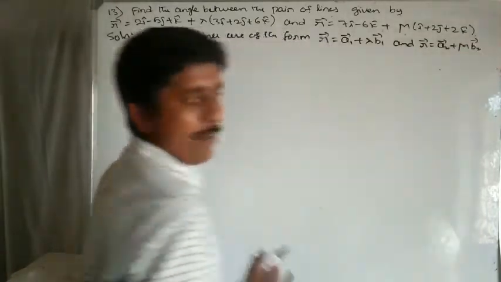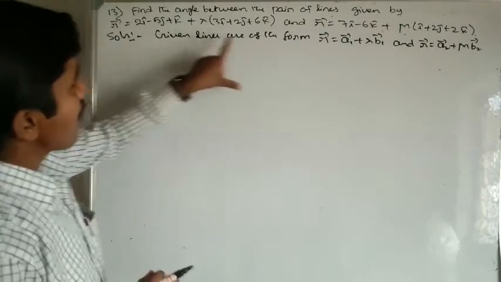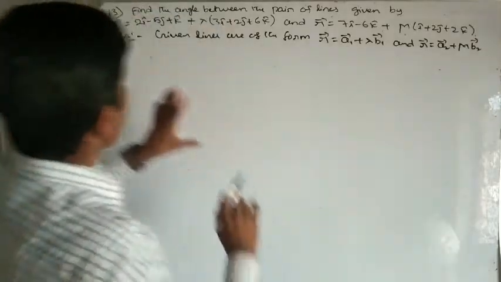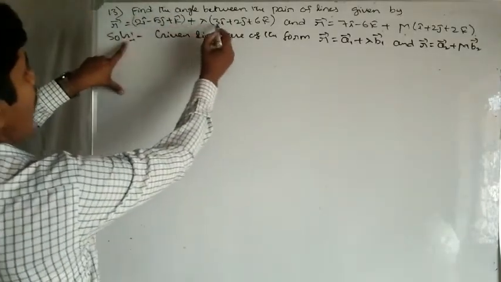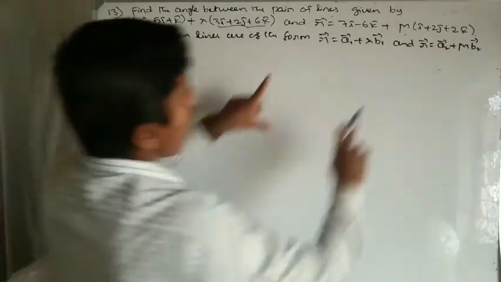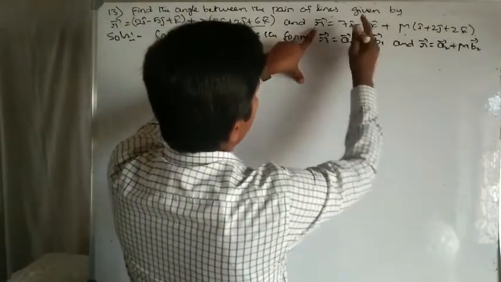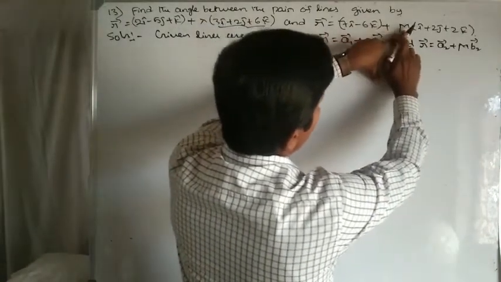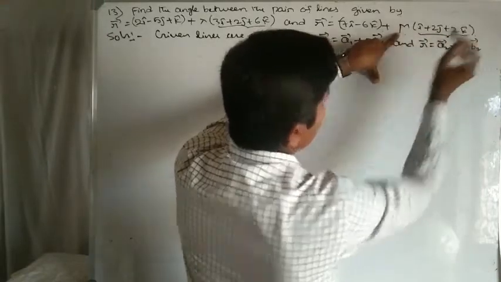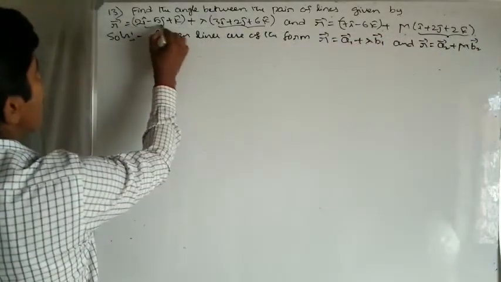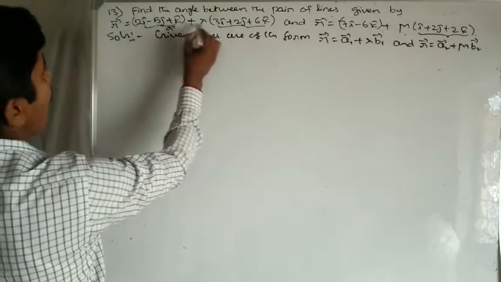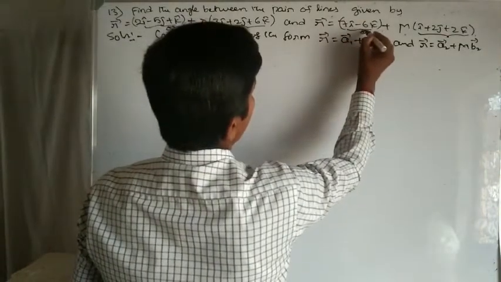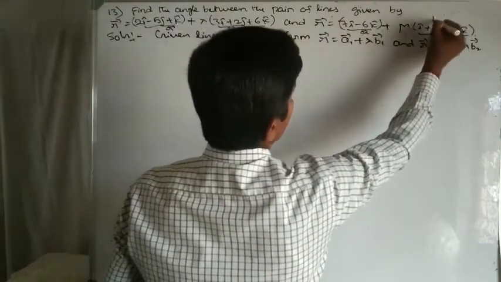Mind it, here this is vector a1, lambda into this is vector b1, and vector r equal to vector a2, this is vector a2, 7i minus 6k, plus mu of this, vector b2.